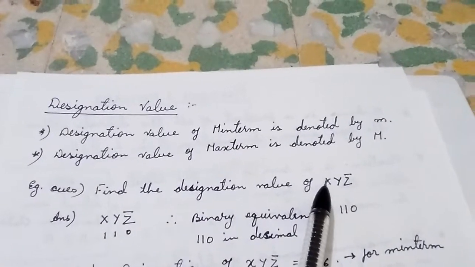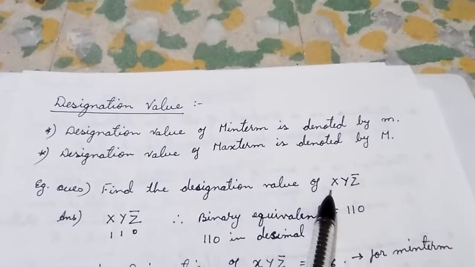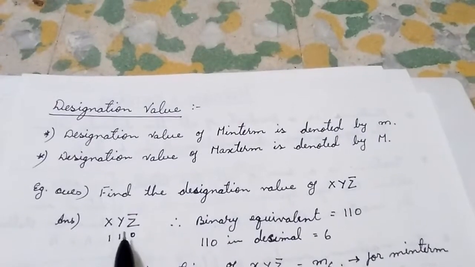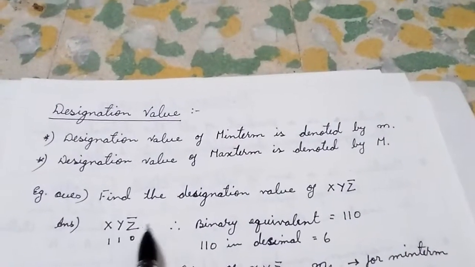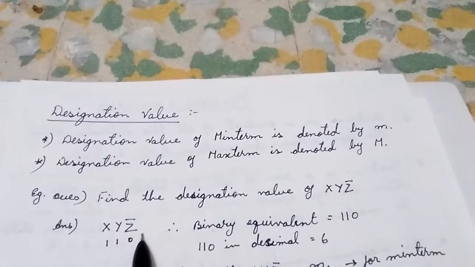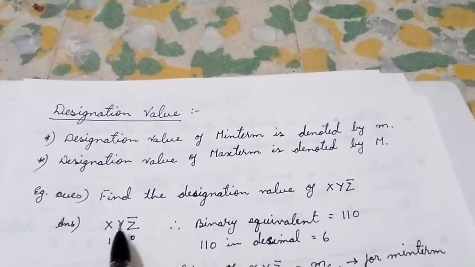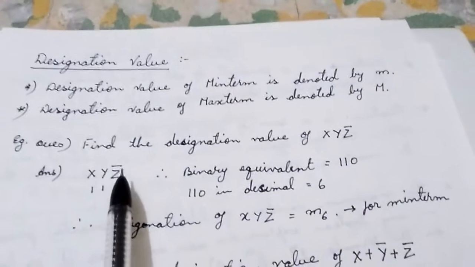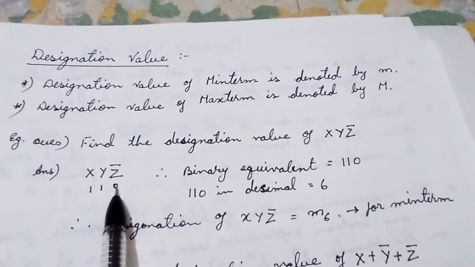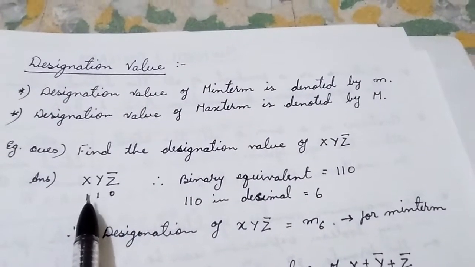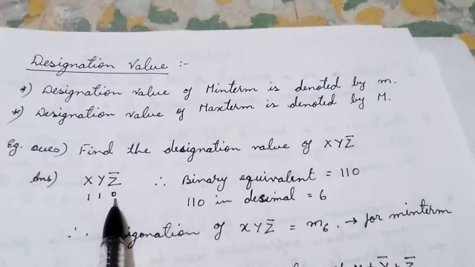We know that x stands for 1. So we will just write the 0, 1 combination of x, y, z bar. We will write x as 1, y as 1, and z bar as 0. So we get a binary equivalent 1, 1, 0.